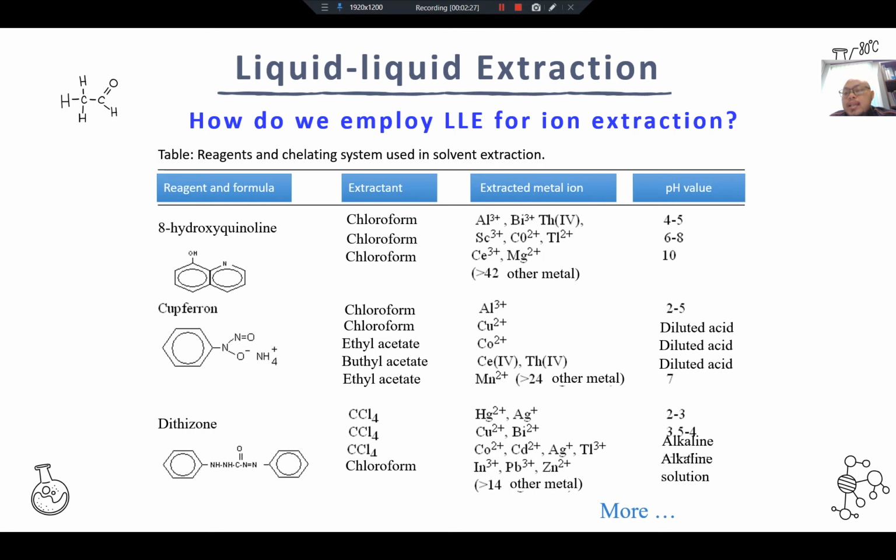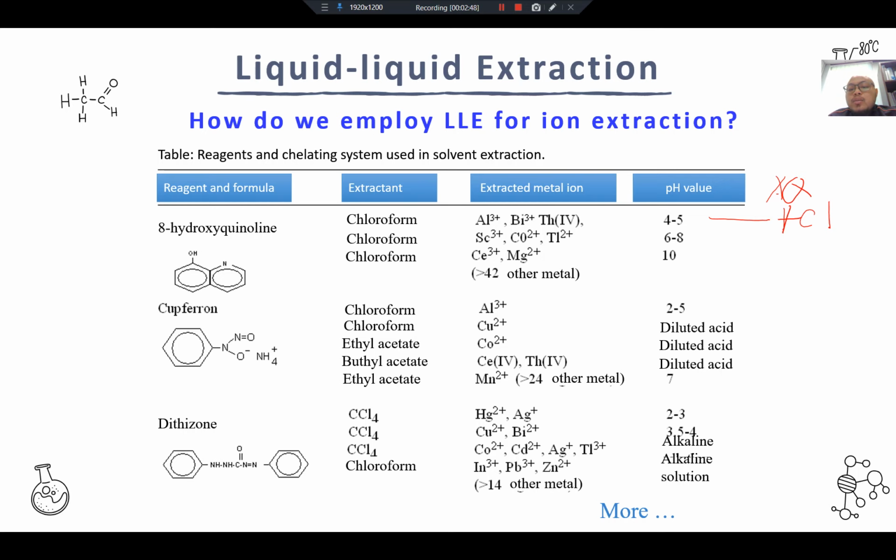For example, you adjust using acid. Of course they don't mention here what kind of aqueous. 4 to 5 is quite acidic, so you can use dilute HCl to adjust the acidity of the aqueous layer.